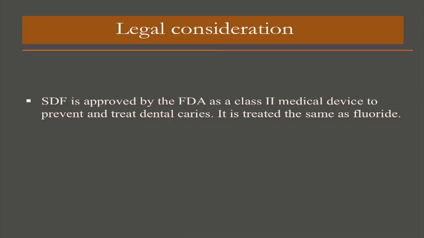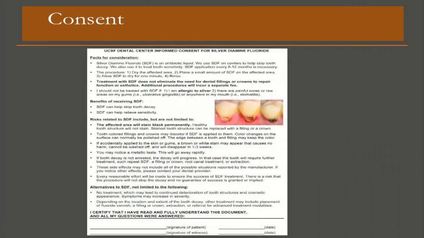Here are 2 examples of consent forms for SDF. One is from the UCSF Dental Center, Informed Consent Form for Silver Diamine Fluoride, and the other one is from the UT School of Dentistry for any risk related to SDF.